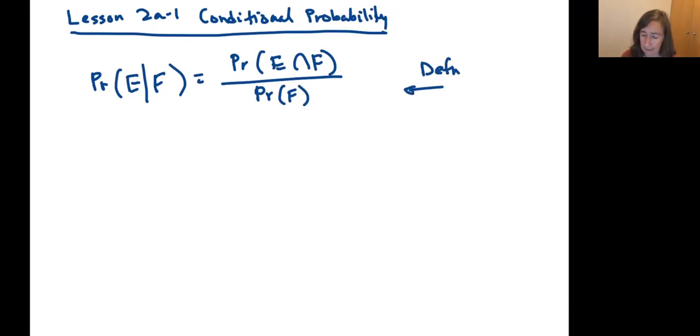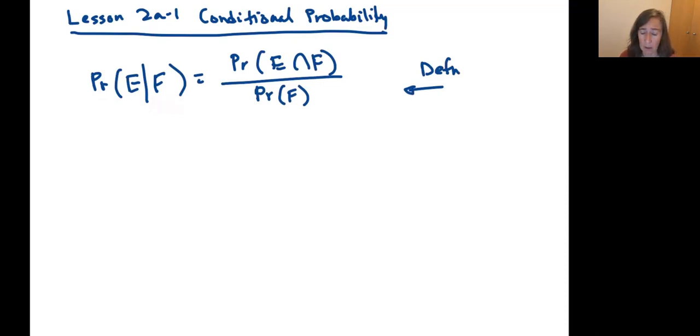And let's annotate this a little bit further. This bar here, that's the thing we read as given or conditional on. And what it is doing is it's separating the things we're still uncertain about on the left side from the things that are now known.